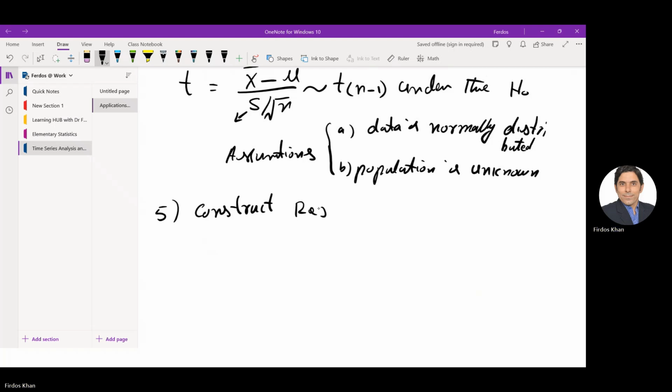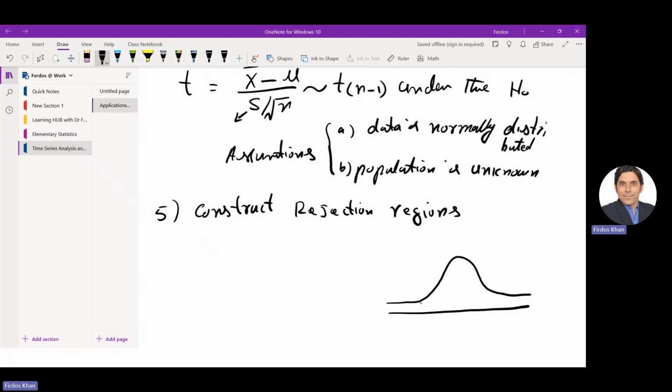The rejection region depends entirely on the alternate hypothesis and the significance level. The direction of the rejection region depends on the alternate hypothesis. I will explain developing the rejection region in a separate video.